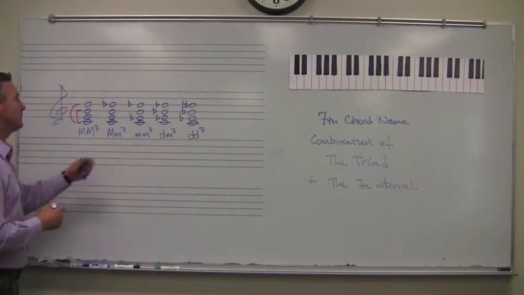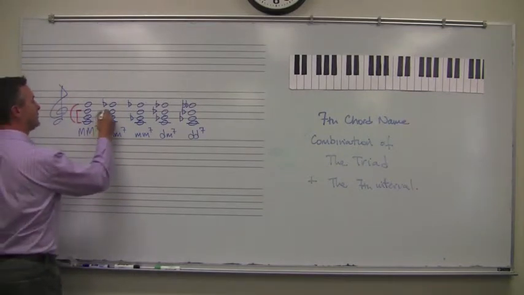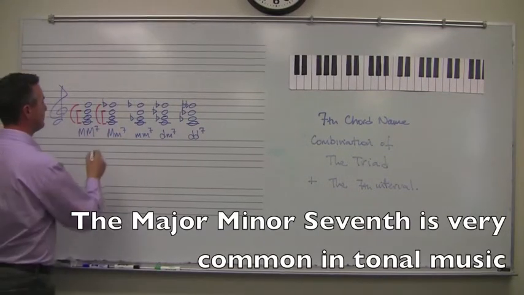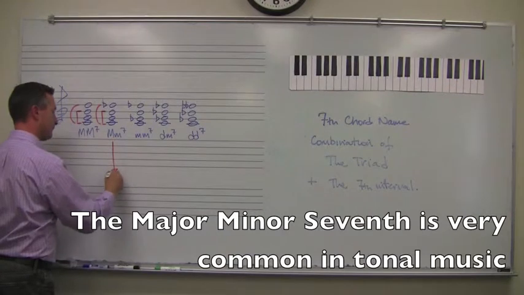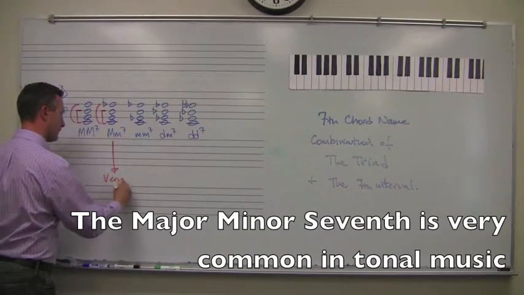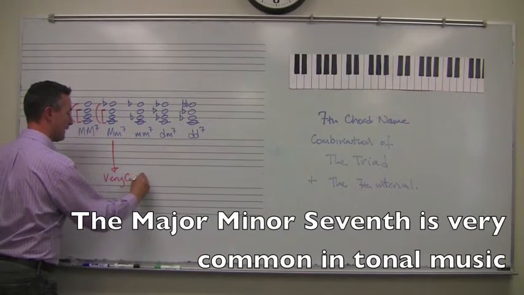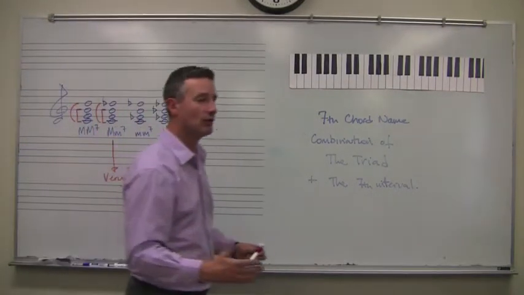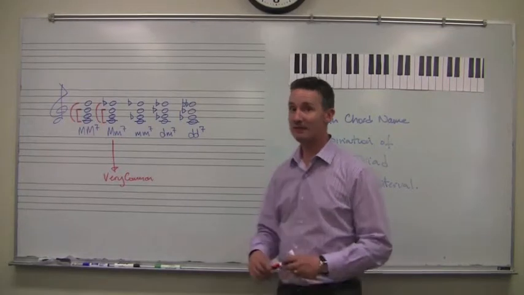The second one is the major minor 7. In this case it has a major triad and a minor 7. This is very common. You will encounter this type of major minor 7 chord probably more than any of the others.